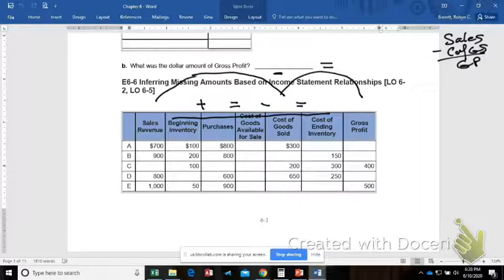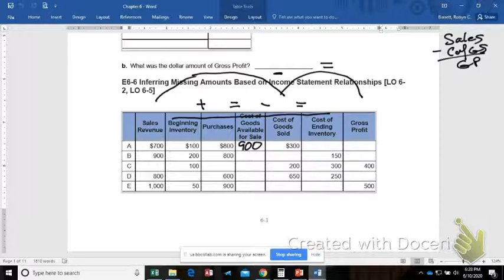What am I going to take? I said we're going to take beginning inventory plus purchases, so that's going to give me what? We can be quiet. Oh, okay. That makes a lot more sense. Okay, so I said what's going to be A, my cost of goods available for sale? What are we going to have there? 900, yep.